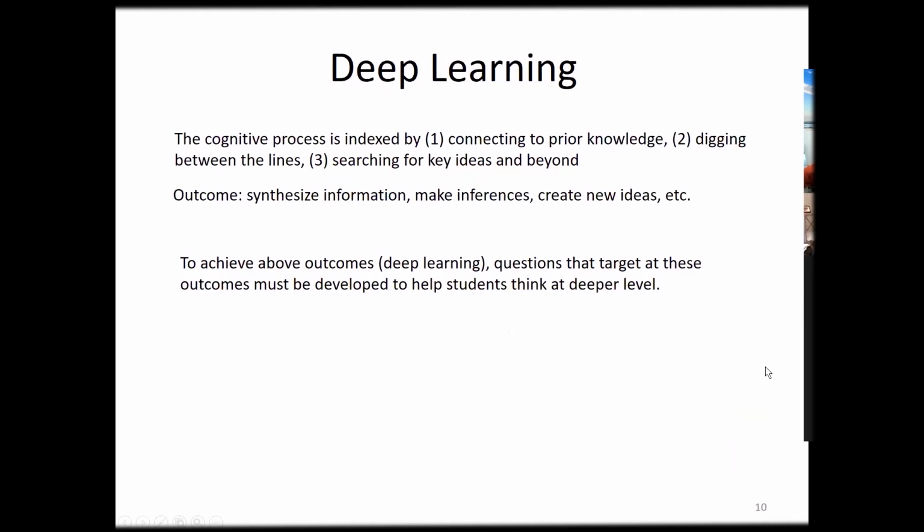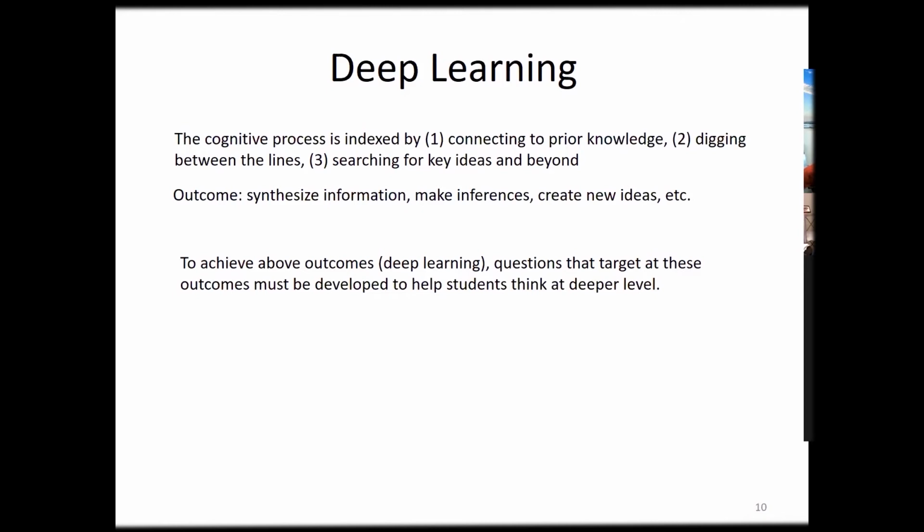Let's look at this one. Deep learning, which is different from the previous example, is the cognitive process that's indexed by connecting to prior knowledge. So deep learning is when you ask those questions, remember we target students applying and analyzing, which means it has to relate to what they already know, right?